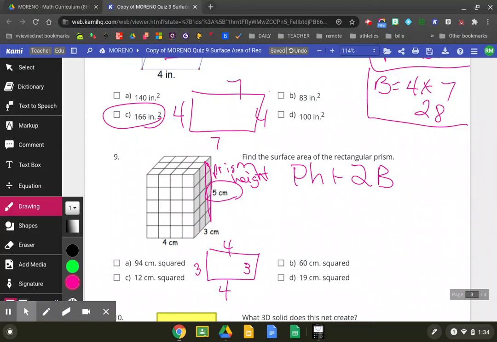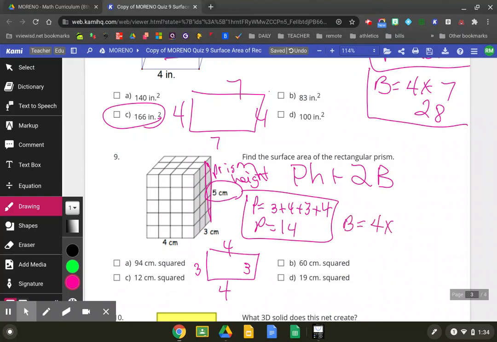P is 3 plus 4 plus 3 plus 4, which gives us 14. And then big B is 4 times 3, which gives us 12. So that's how we get big B, big P. Now we need to put this in here.